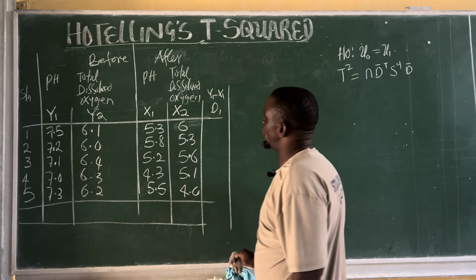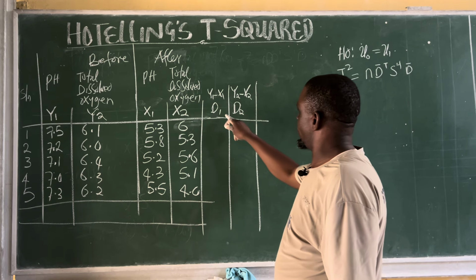Okay, so now we're also going to create another column and call it D2. So that D2 will be the difference between our total dissolved oxygen, which is Y2 and X2. So we indicate Y2 minus X2. Okay, now let's get that. What is D1?